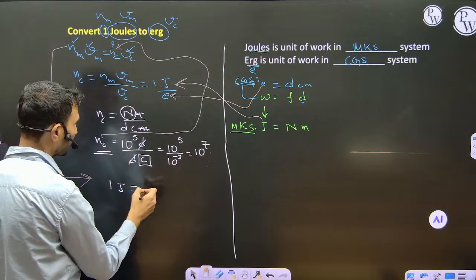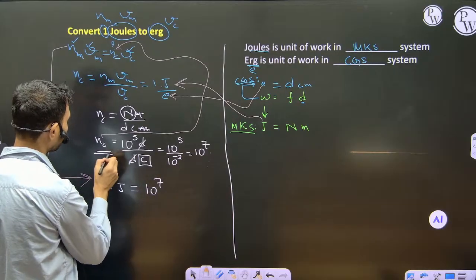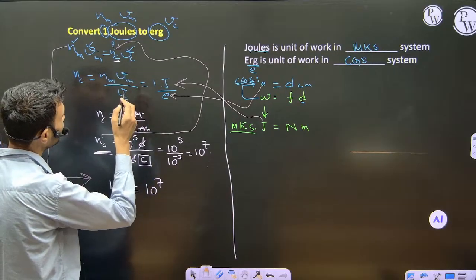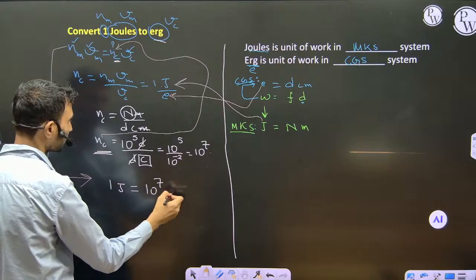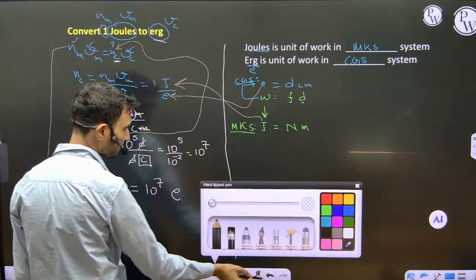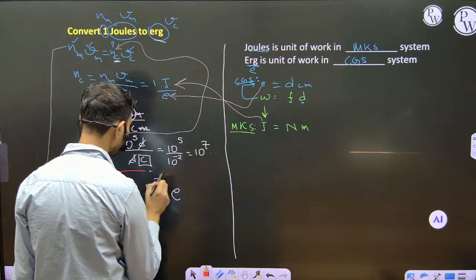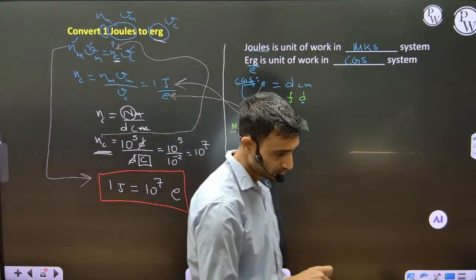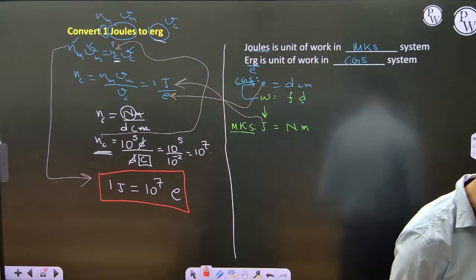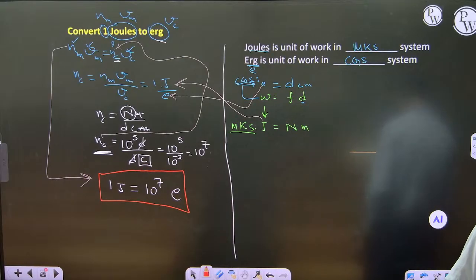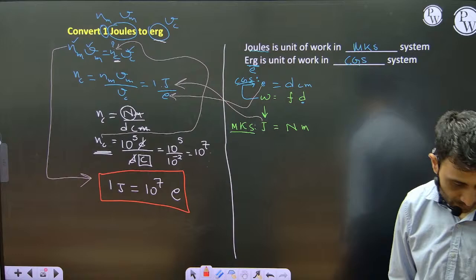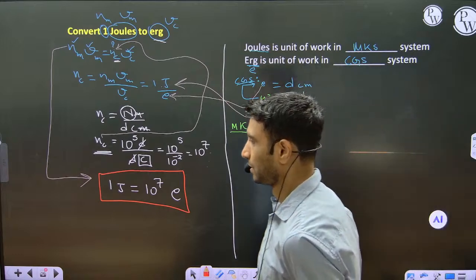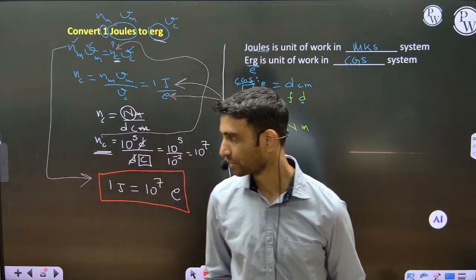Nc. And Nc is what? 10 to the power 7. Nc is 10 to the power 7 into Uc. And Uc is what? Erg. So we proved that 1 joule is actually equal to 10 to the power 7 ergs. And these are absolutely basic quantities, so you should completely understand this, right? And let me know if there's any doubt with this.